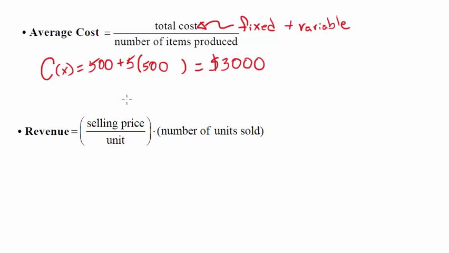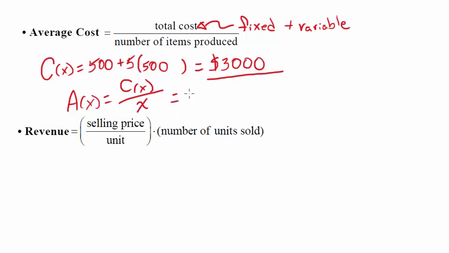Now let's say we want to find the average cost. I'm going to take that $3,000 and divide it by the 500 cheesecakes. We'll call this A of x. I'm going to take C of x, my total cost, and divide it by x, the number of things I produced.